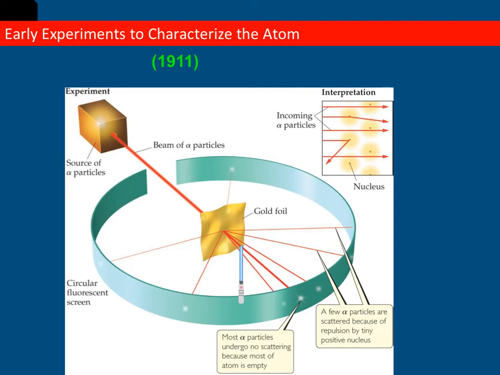And the fact that so many passed through gave us an idea that there is a lot of empty space, because there are a lot of particles that do not interact with the atom when passed through a solid piece of gold foil.